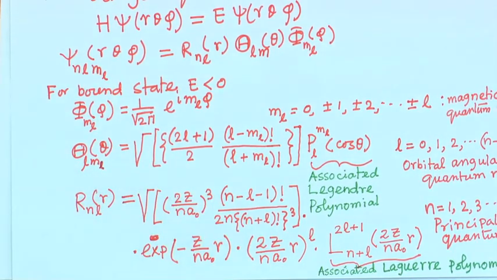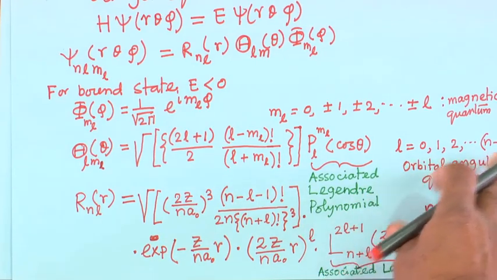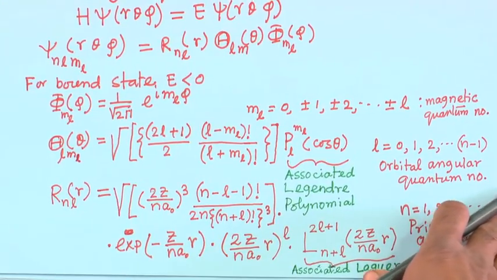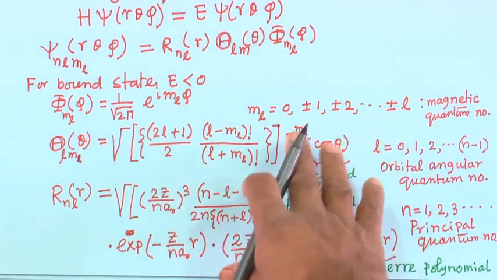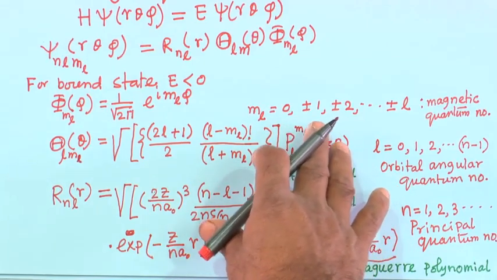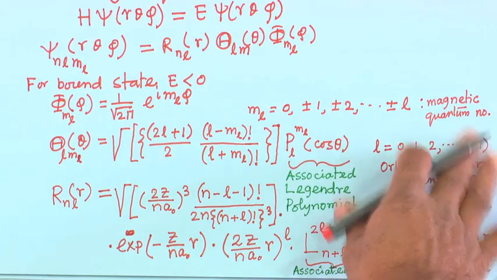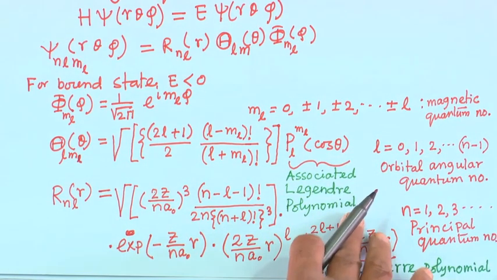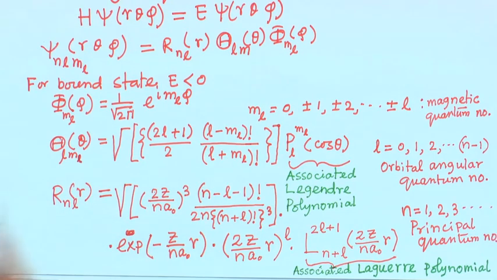This L value is 0, 1, 2, 3 up to n minus 1, and this orbital angular quantum number ml has values 0, plus minus 1, plus minus 2 up to plus minus L. So, this is the magnetic quantum number, and then there is another function R n L as a function of r.